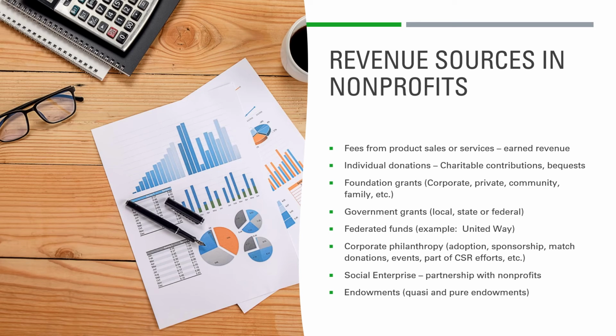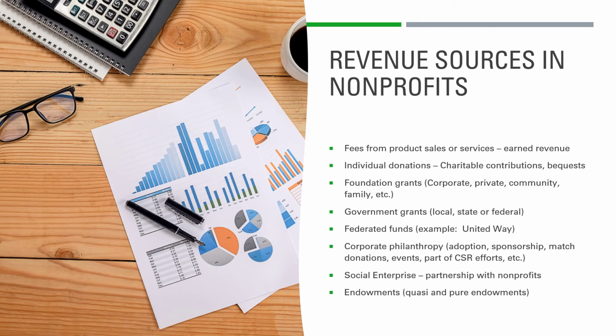There's a government grant that's widely available for all different types of nonprofits. And then you have federated funds like United Way. You can also apply for United Way funding. Then you have different groups that are just philanthropy groups.